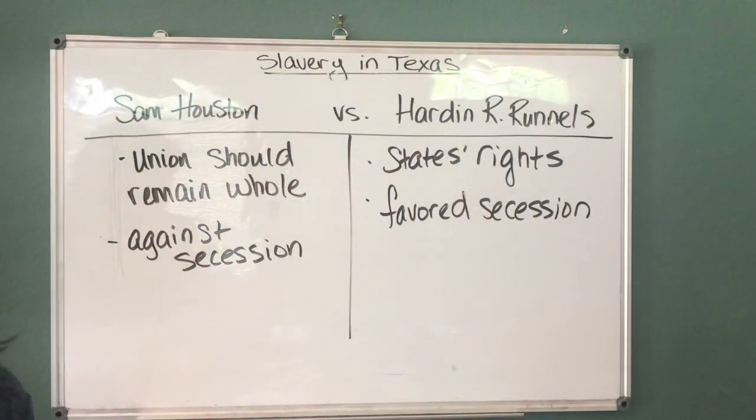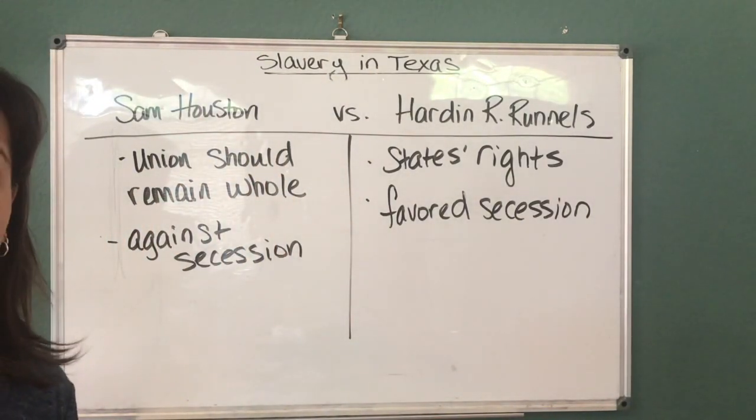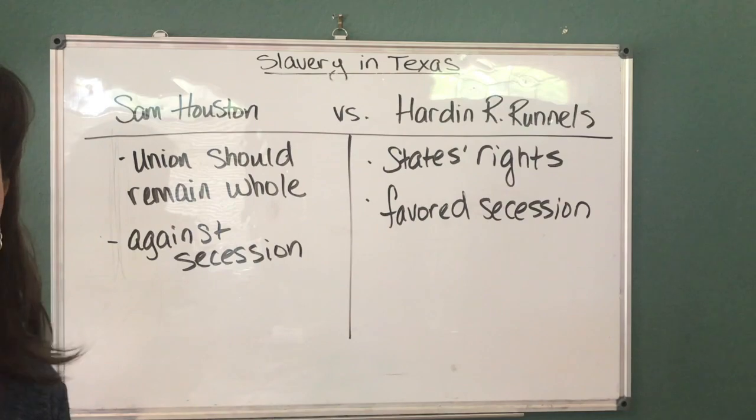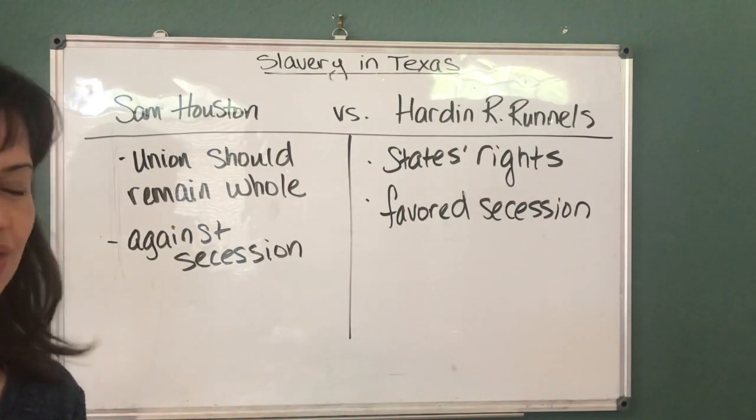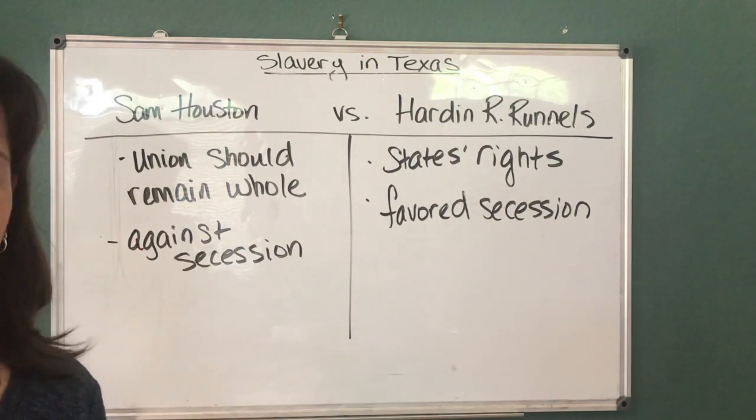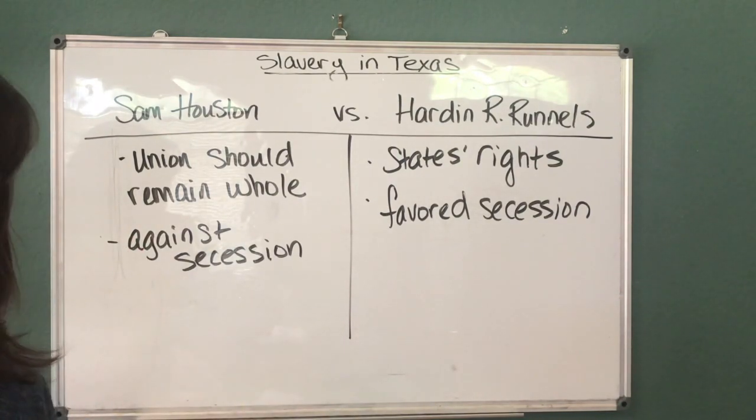In other words, if the southern states don't get their way, and the federal government tries to impose a blanket law that the states don't agree with, then you know what? We'll just take our toys and go home. They will secede, break away from the Union, and become their own country, separate from the United States.